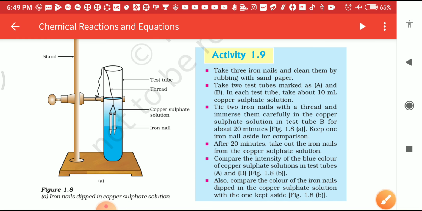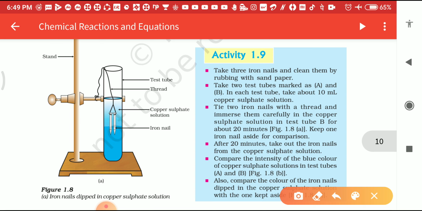Take 2 test tubes, marked A and B. Take about 10 ml of copper sulfate solution in each. Tie 2 iron nails with a thread and immerse them carefully in the copper sulfate solution in test tube B for about 20 minutes. Keep 1 iron nail aside for comparison.